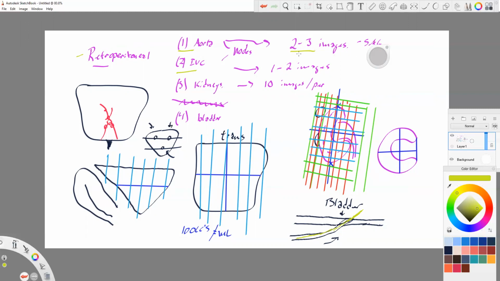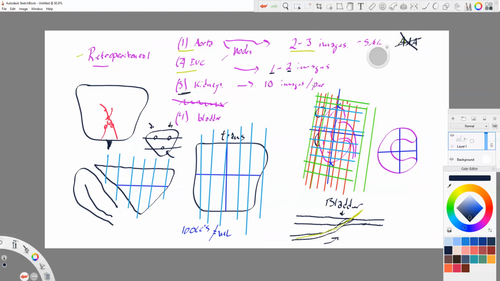And you want to look at that proximal and mid-distal aorta, because triple A is a killer, so we don't want that. IVC, a little less important. If you have a nice view of the IVC proximally, you're probably good. If you want to do another image down low, lower in the belly, that's fine as well.